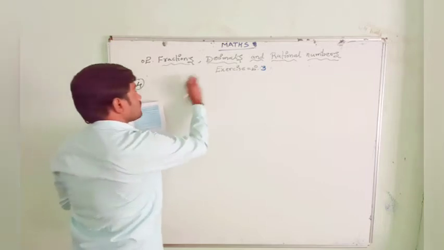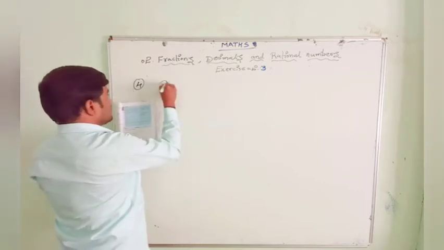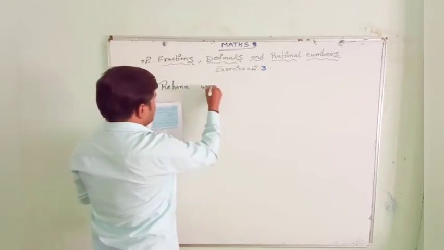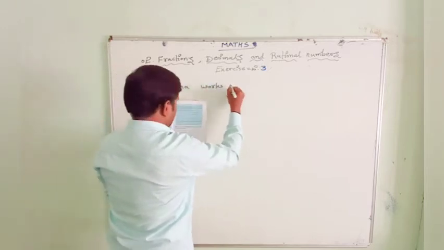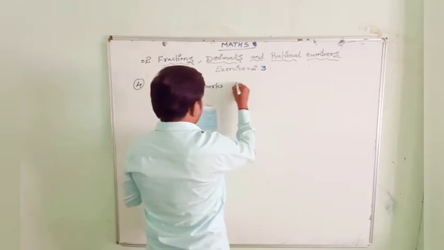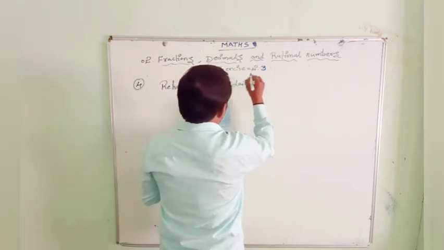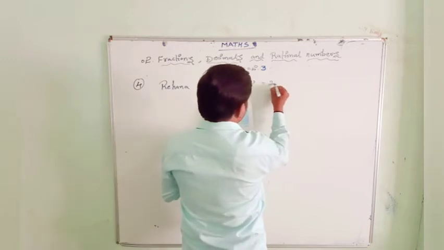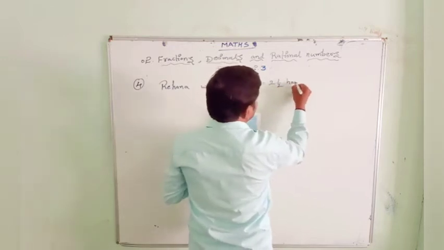Let us write: Rehana works daily how many hours? 2 whole 1 by 2 hours.